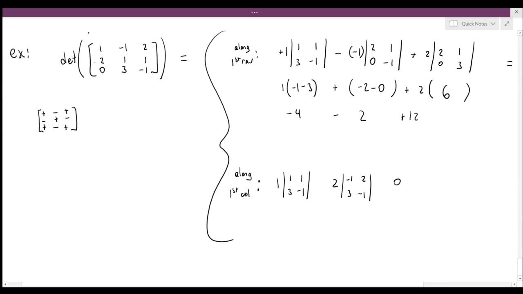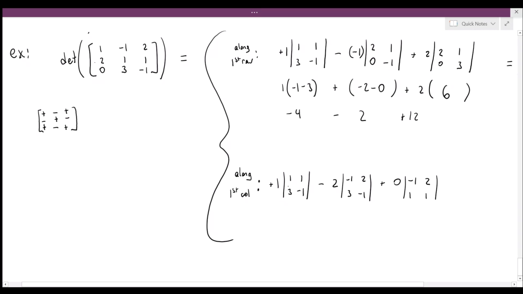And then I take the last entry, cross out the row and the column containing it, and take this remaining 2 by 2. And then for the signs, if I'm going along the first column, plus, minus, plus.